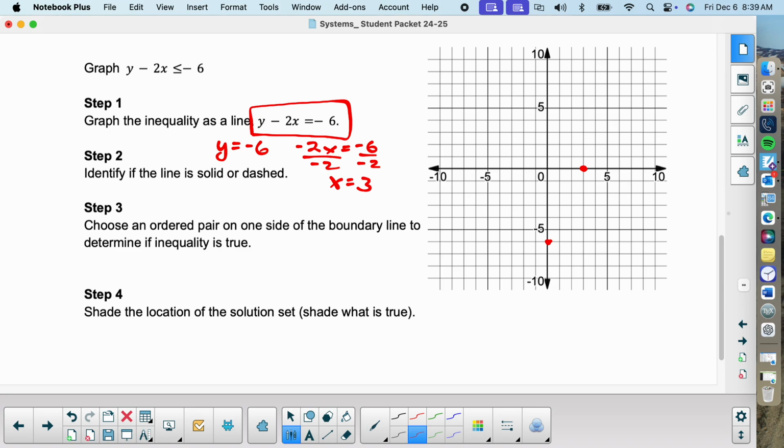Solid line. Okay, like why? Because it has like that line under. Okay, perfect. So right here, what you do to determine that is you look if it's going to be less than or equal to. This one has the line underneath it, so it's going to be a solid line. Okay, good.